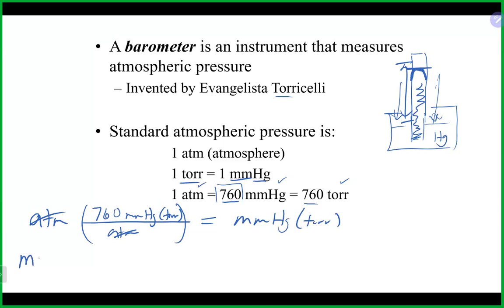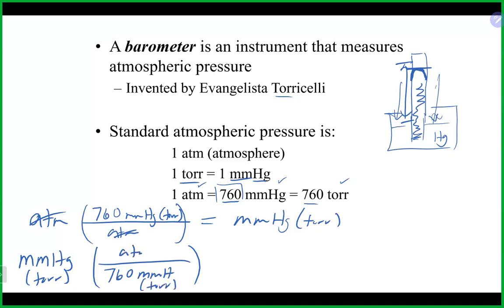Or if you have millimeters of mercury or really torr, you're going to divide by the 760, and that will give you atmospheres. So that 760 number is an important one. It is really your conversion factor to go between those different units.